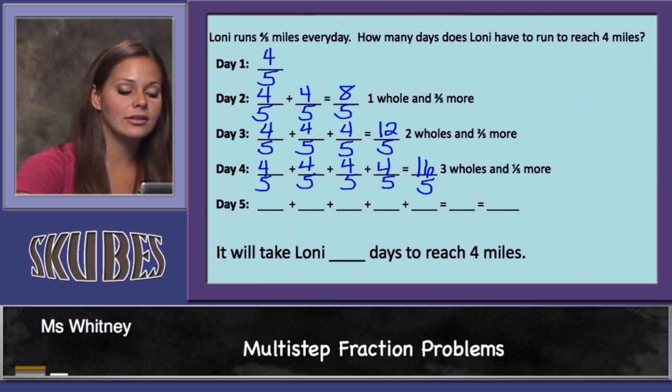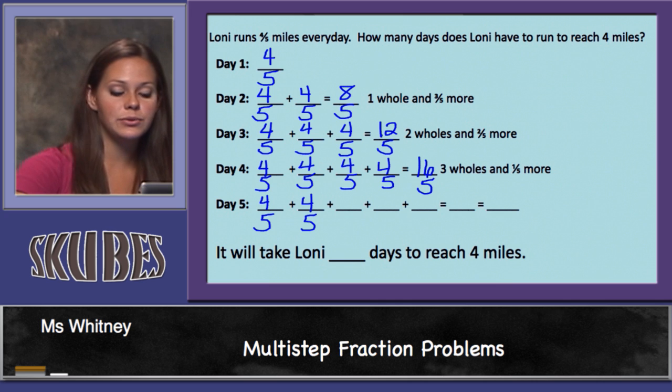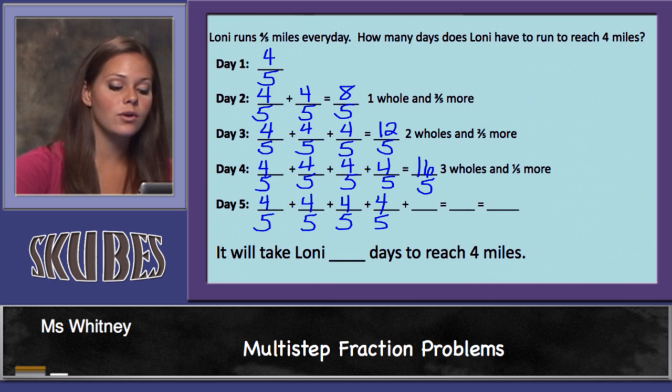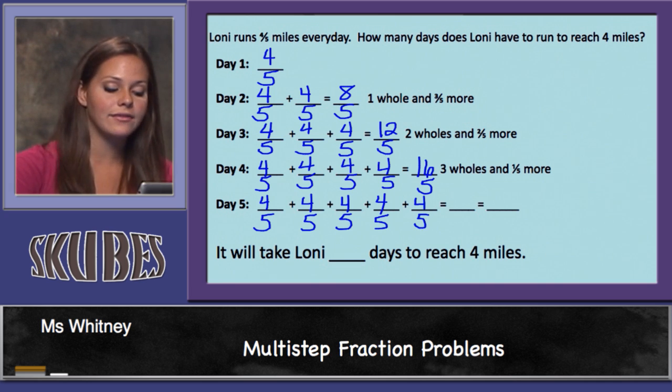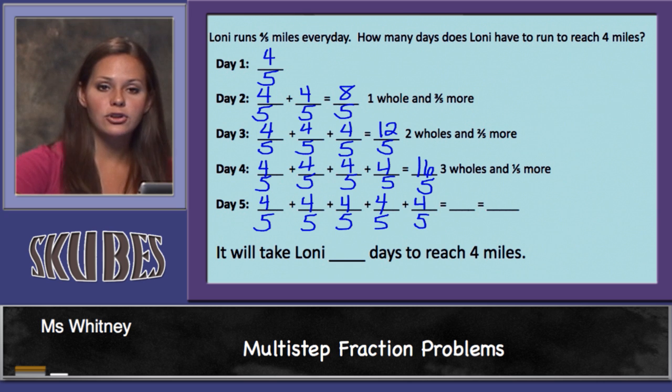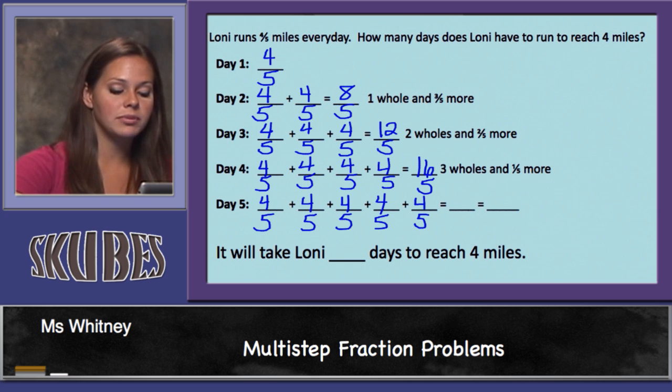On day 5, Lani will add what she ran on day 1, plus what she ran on day 2, plus what she ran on day 3, what she ran on day 4, plus another 4/5 that she runs on day 5. Now let's add our numerators. 4 plus 4 plus 4 plus 4 plus 4 equals 20/5.